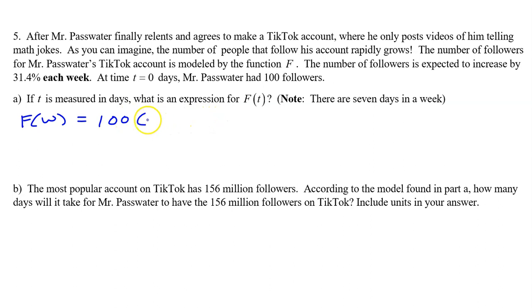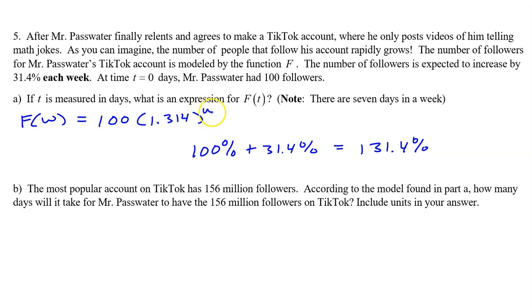Now, for the growth factor, I'm thinking 100% plus 31.4%. You don't have to show this, but this is equal to 131.4%. Converting this to a decimal, I'm moving this decimal 2 places to the left. So I get 1.314 for the growth factor.